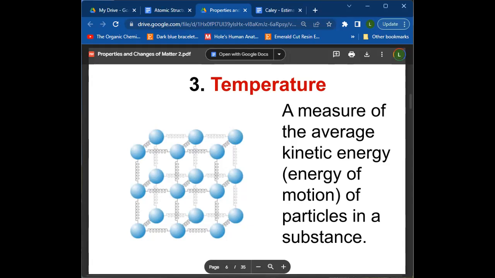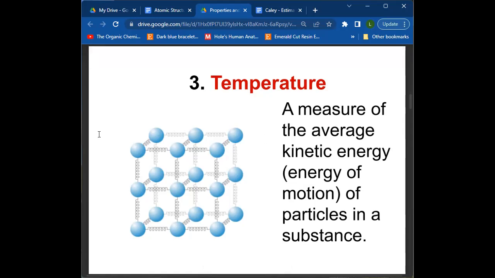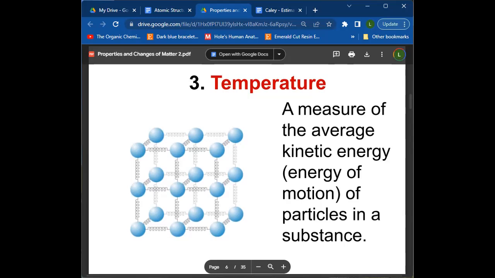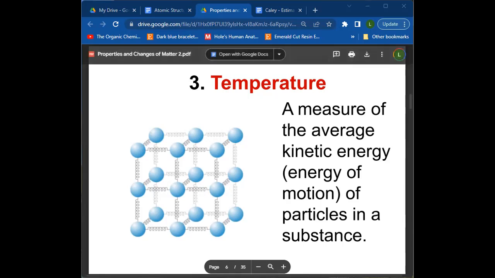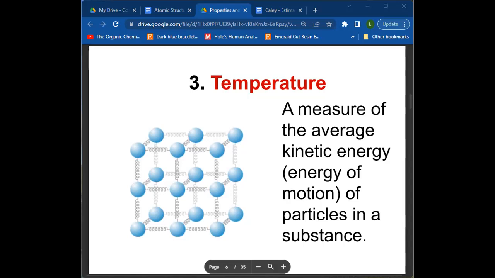So temperature is basically how fast the particles are moving.